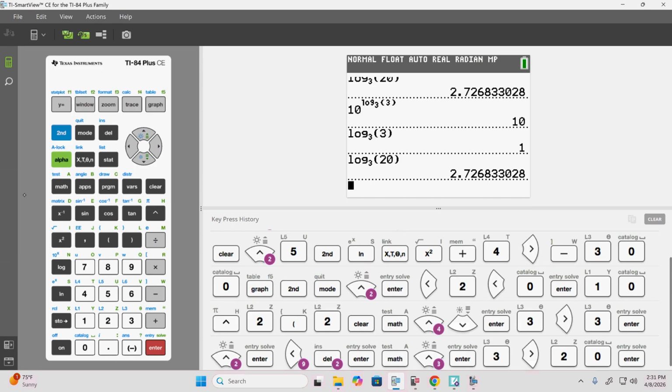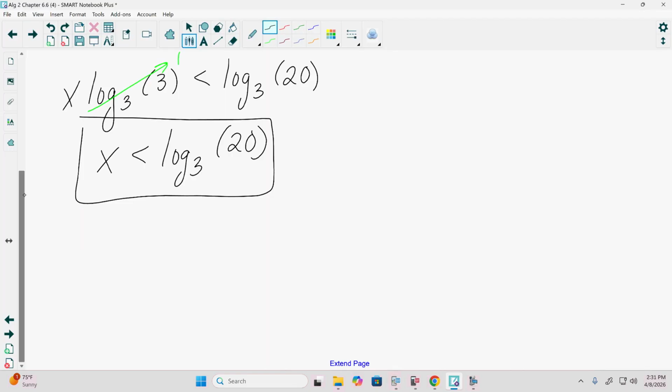If we wanted to plug it in, log base 3 of 20 is 2.726833028. So that would be our solution, or we can just leave it as this. Questions on this so far? Questions on anything we've done so far?